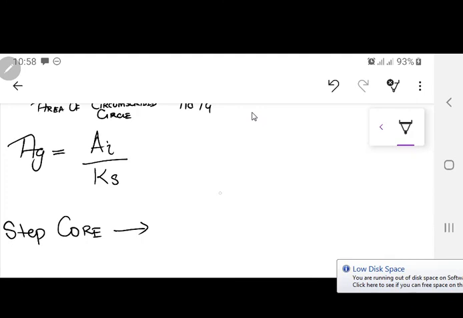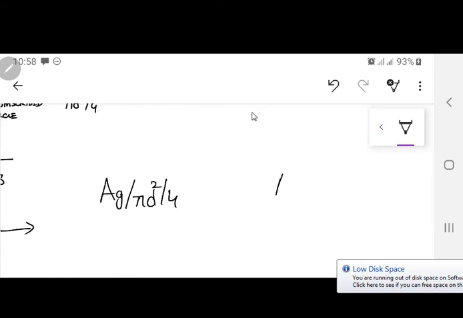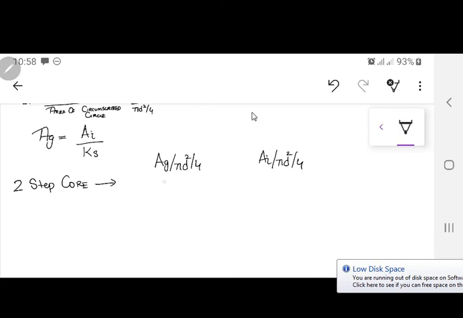You have AG divided by pi d square by 4, and in the second column AI divided by pi d square by 4. For a two-step core, this AG ratio is equal to 0.79, and for your net iron area this is equal to 0.71.